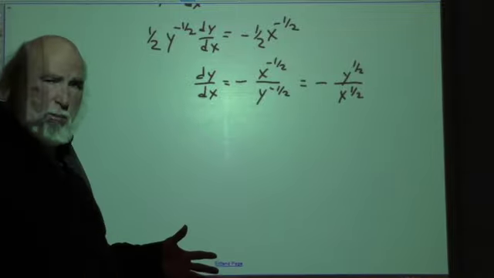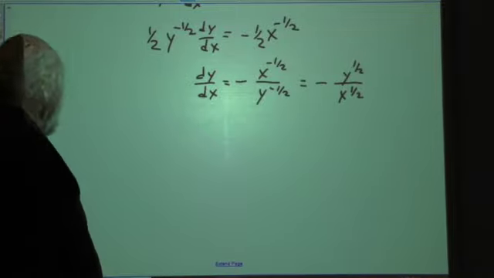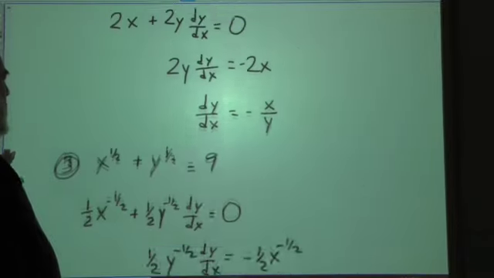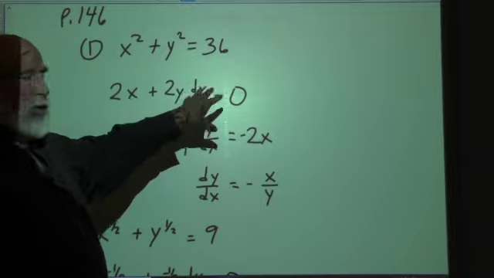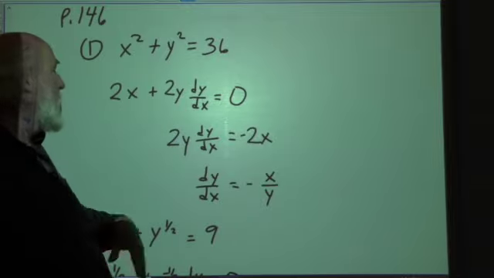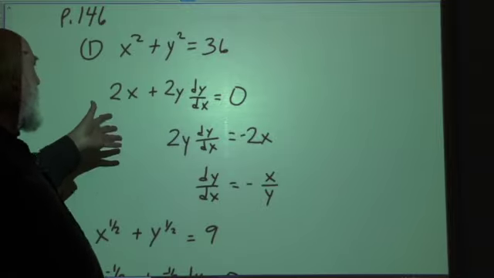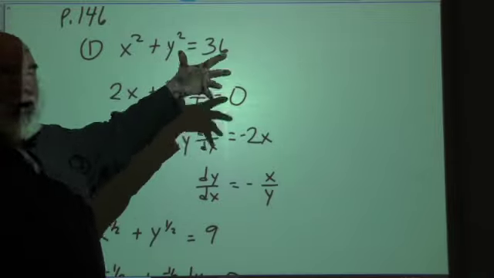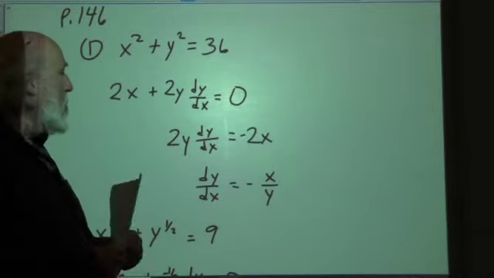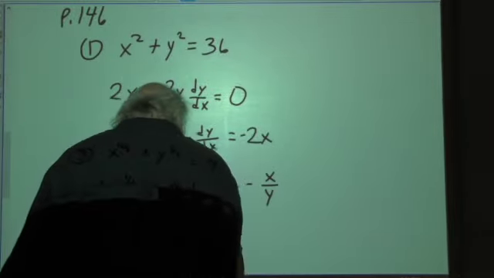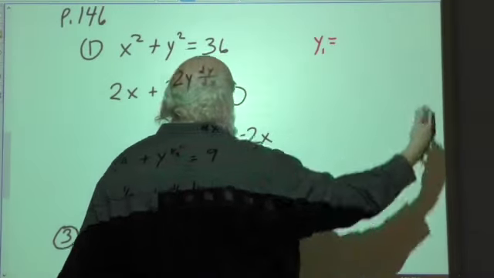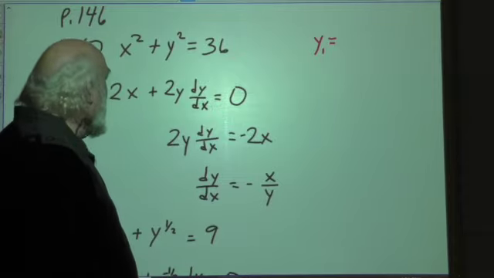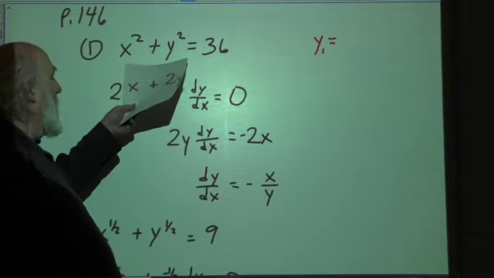Now, I don't know how much you remember from pre-calc, but this right here will actually give you a circle. How would you go about graphing that on your graphing calculator? Well, remember, in your graphing calculator, it's y1 equals blah, blah, blah. So we need to rewrite this so that y is by itself.